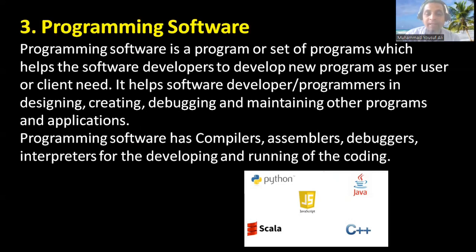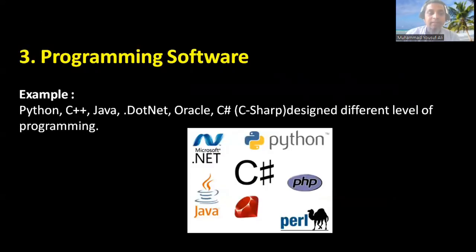Programming software has compilers, assemblers, debuggers, and interpreters for developing and running code. Programming software is also referred to as a software development tool or software developer tools. Examples of programming software are Python, C++, Java, .NET, Oracle, C#.